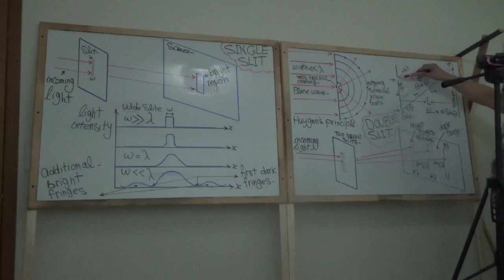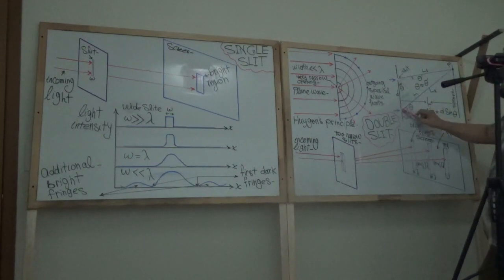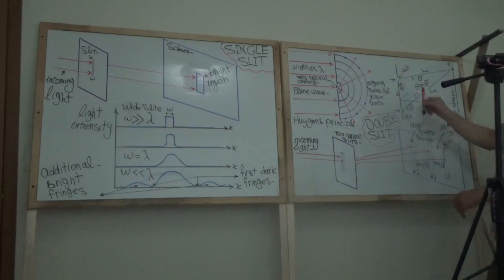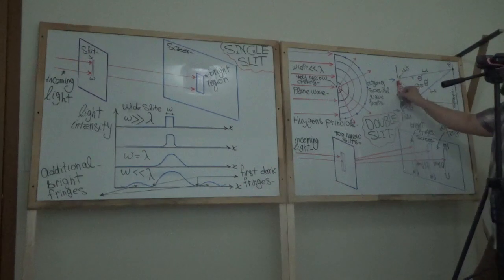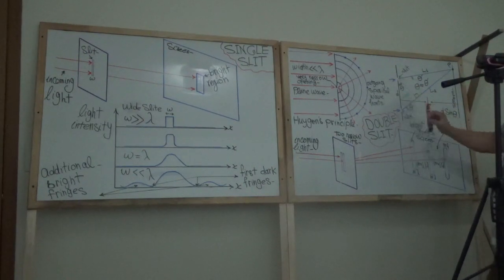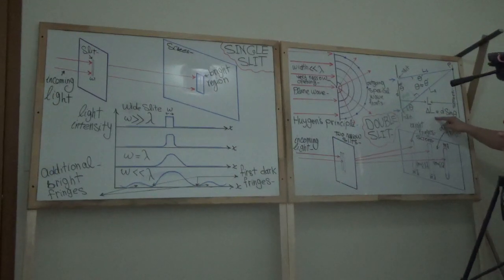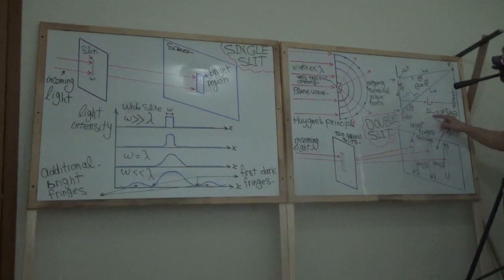If we have that, this is L1 and this is L2, and you will notice that this is the difference. And of course the difference is d sin theta. So d sin theta is equal to delta L, which is the difference between L1 and L2.